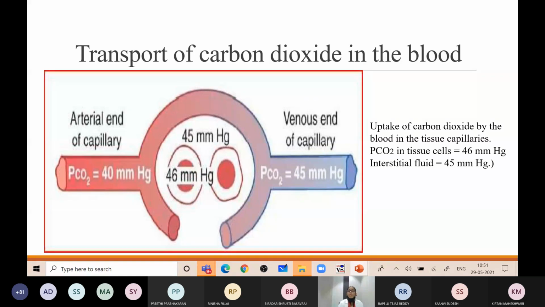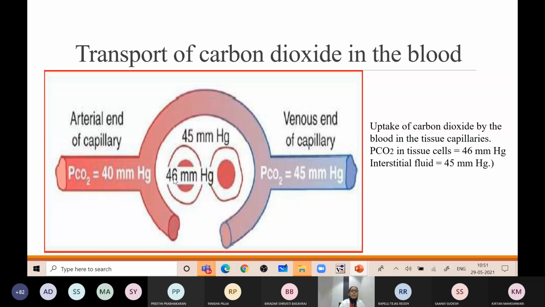Now, transport of carbon dioxide in the blood. In arterial blood PCO2 is around 40 mm of Hg. In interstitial fluid it is 45 mm of Hg, whereas inside the cell it is 46 mm of Hg.